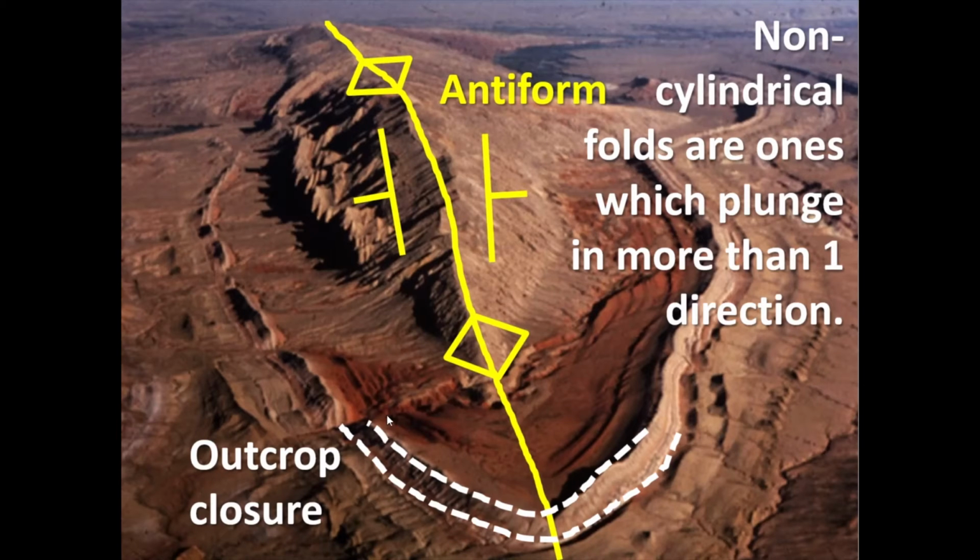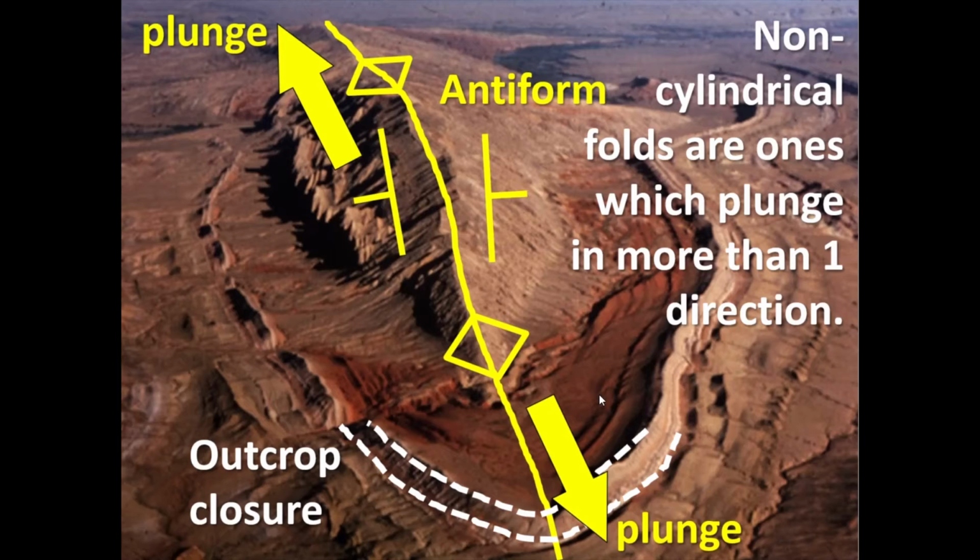I can see in the area of the photograph closest to us one of these marker beds that I can follow all the way around. As it approaches the hinge zone, it closes and then comes back in on itself. And I'm pretty certain if I follow this resistant bed across the landscape, I can even see there's a hint of it starting to come around this fold, and it looks like it closes this way until it joins back up.